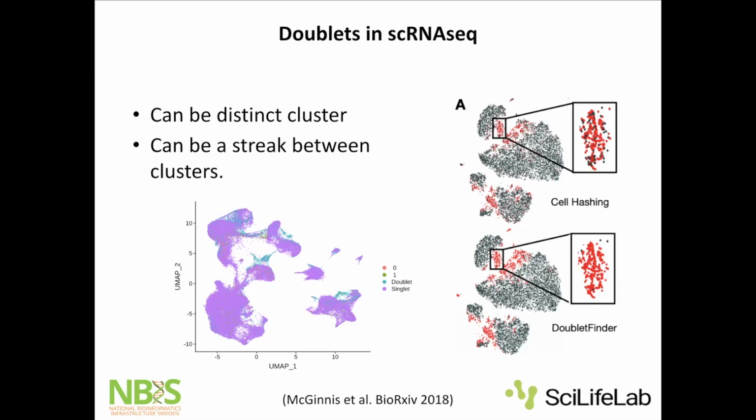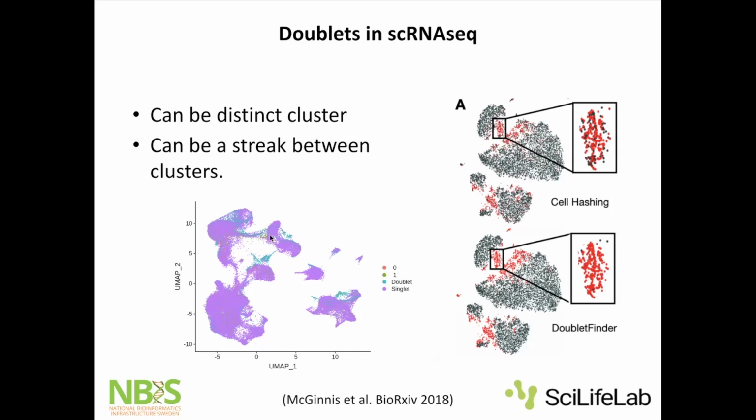Another big issue with doublets is if you want to do trajectory. So in this project, we do have a transition of cells going from this cell type to this cell type. And they were super interested in studying this transition of these two cell types. Now, it's super tricky to see where I have the doublets and where I have cells that are sort of half in between two cell types.